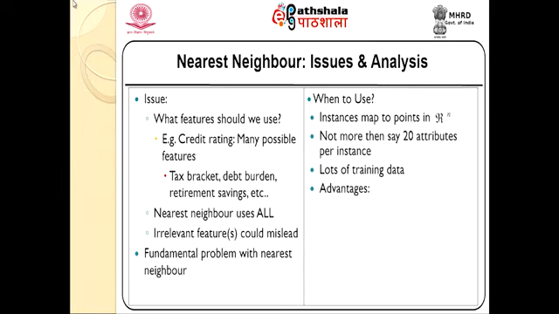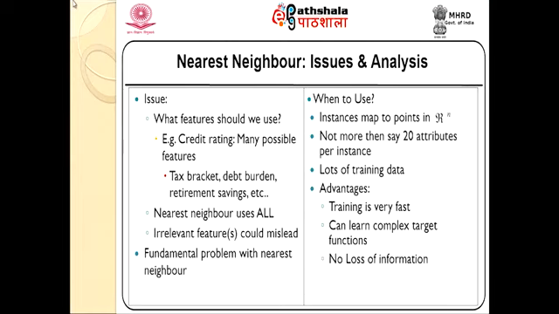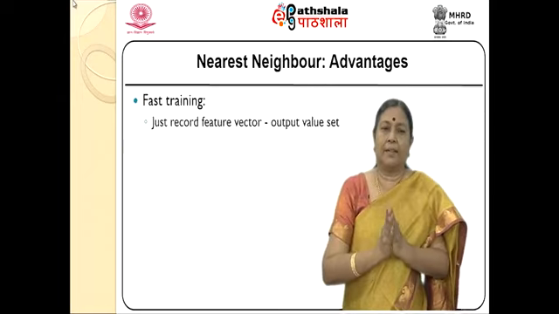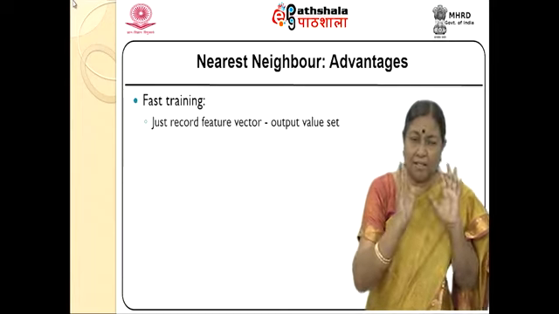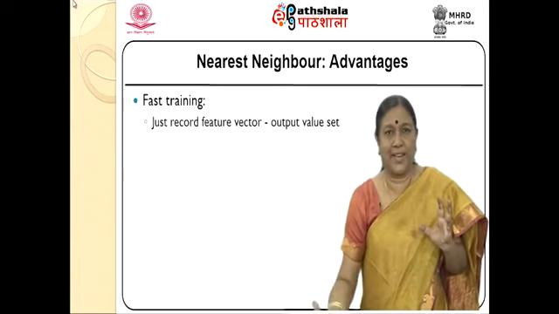The advantages of nearest neighbor are, it can learn complex target functions because you are doing local approximation for every query instance. There is no loss of information as such. Next is fast training. You just have to record the feature vector and the output value.